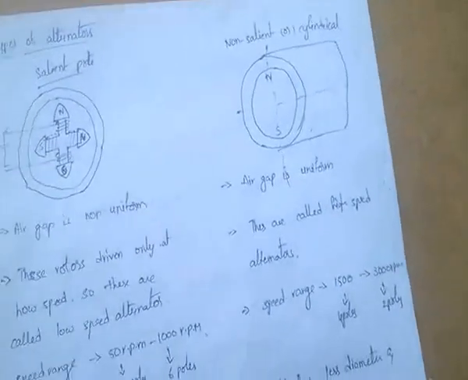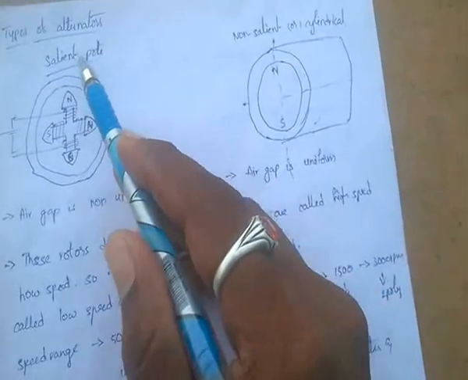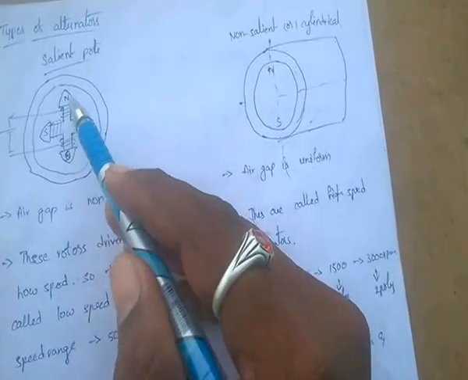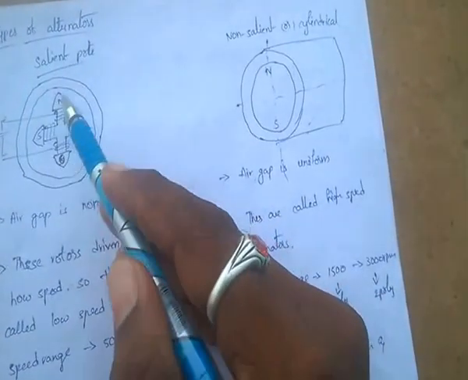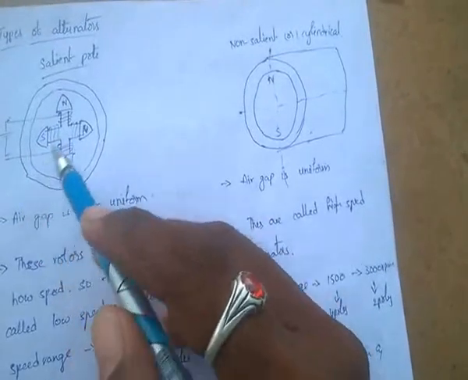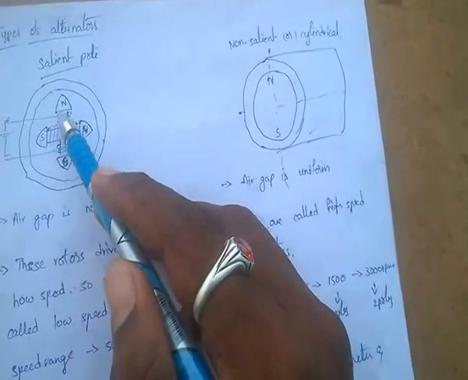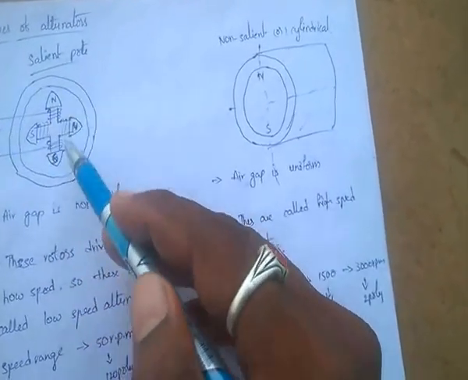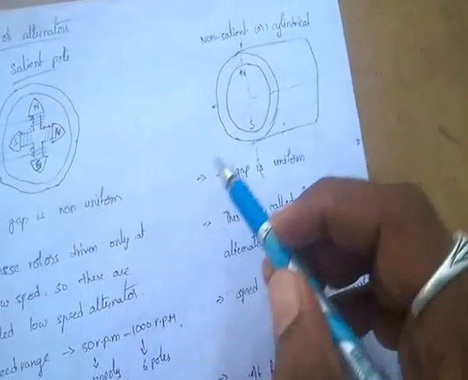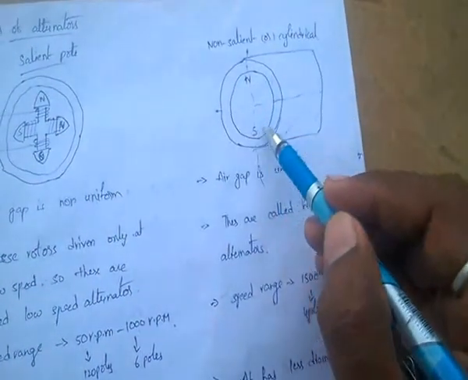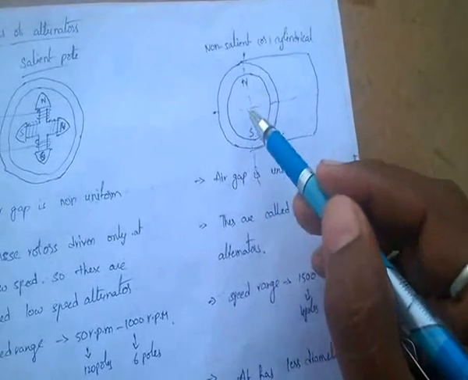First one, salient pole type alternators. In salient pole alternators, the poles are projecting, these are north and south poles. Here the air gap is not uniform. But in case of cylindrical, the air gap is uniform.